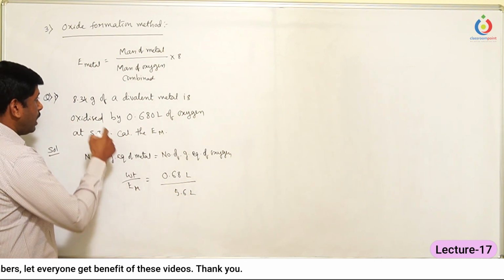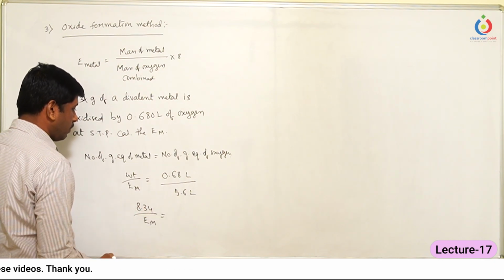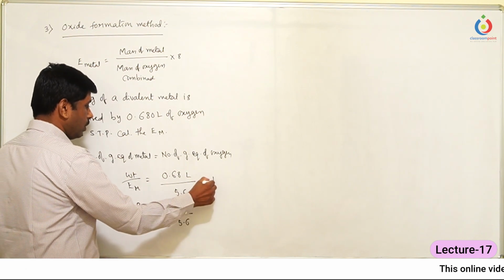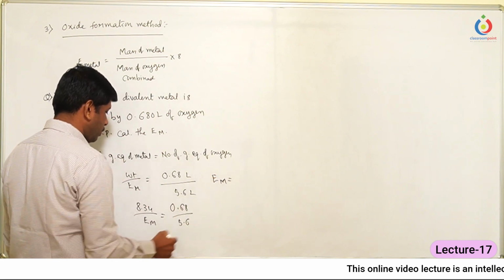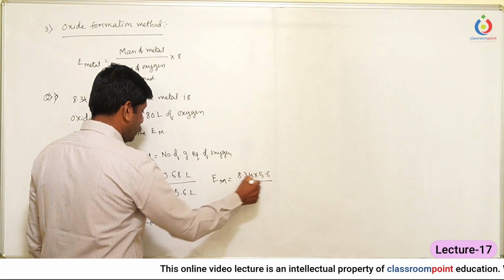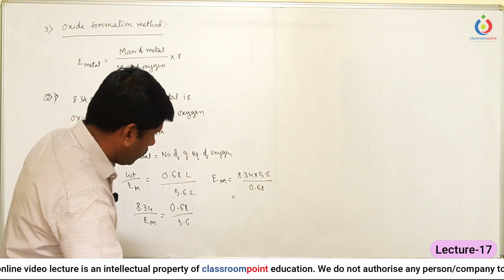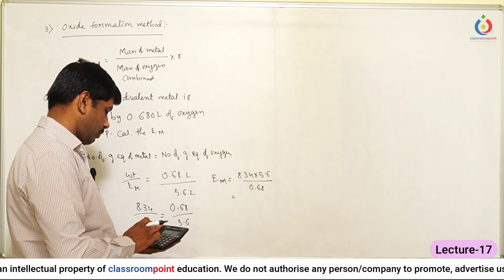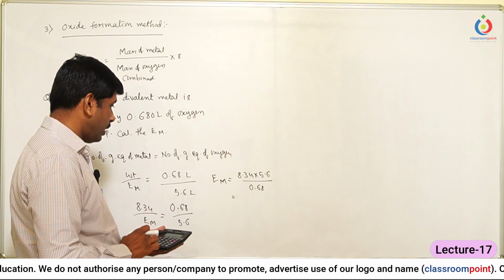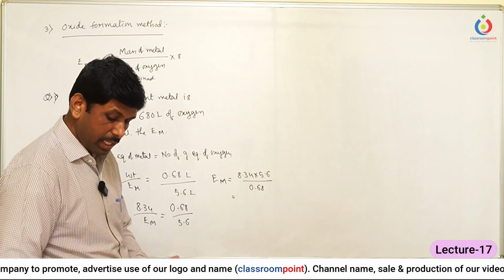Weight of the divalent metal is given as 8.34. So 8.34 by equivalent mass of the metal is equal to 0.68 divided by 5.6. So the equivalent mass of the metal is equal to, by cross multiplication, 8.34 into 5.6 divided by 0.68. The answer is 68.68.